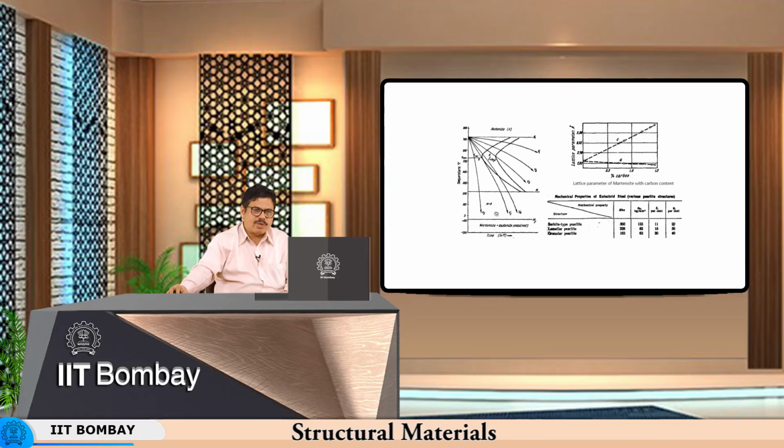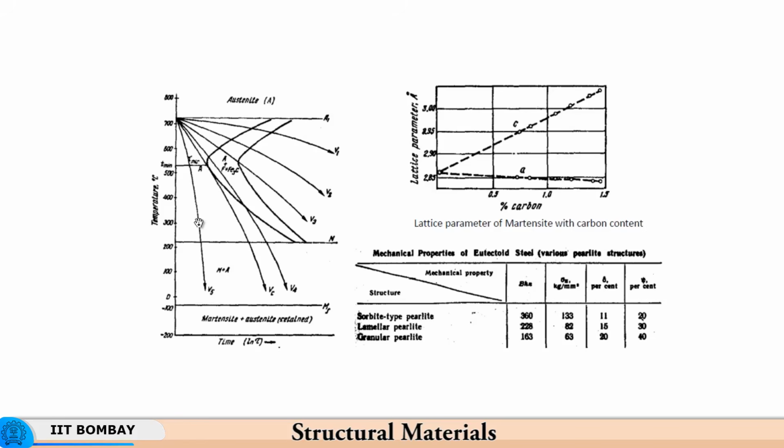So, the hardness of the material will depend upon the carbon percentage in this case. If it is a low carbon steel, for example, then you will get nothing in terms of increase in hardness, because the lattice parameter C will be extremely small. As you see here, there will be no increase in lattice parameter C, and so everything will be almost equal.